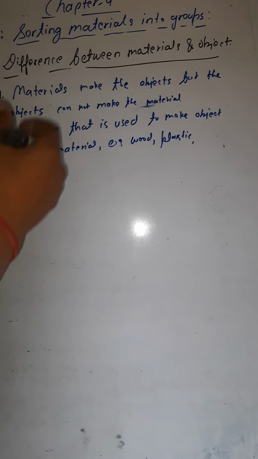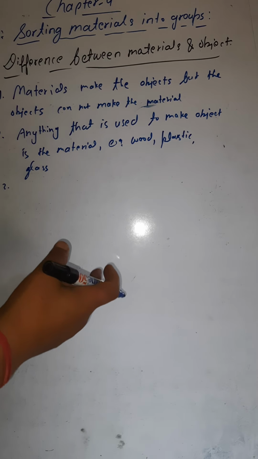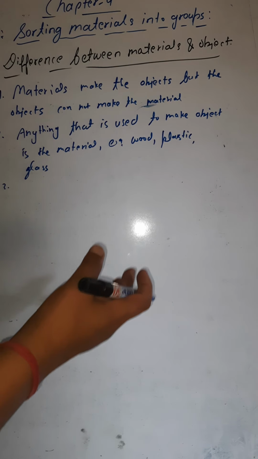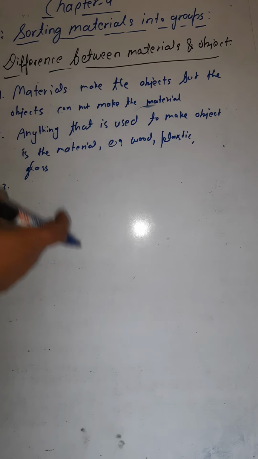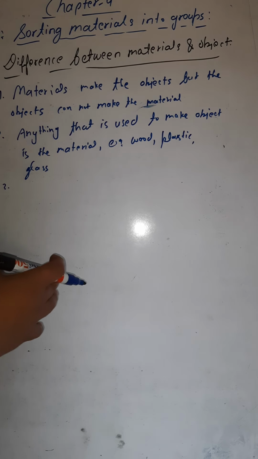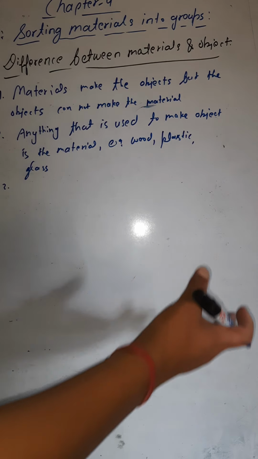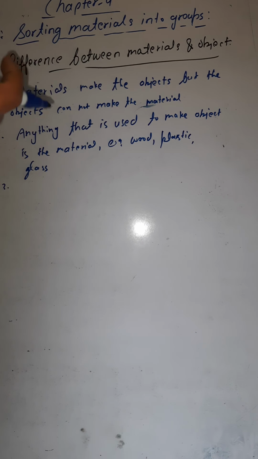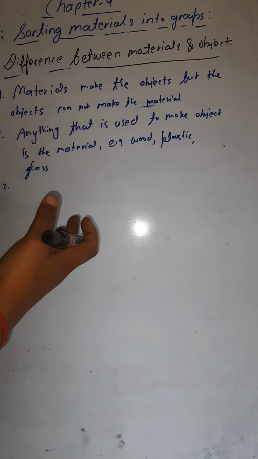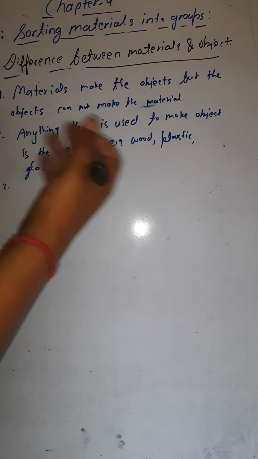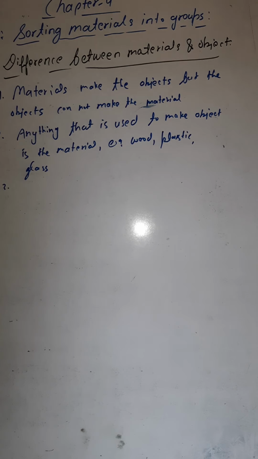Suppose I'm making a bed. This bed can be made out of material like wood, and its stands can be made out of iron, etc. So we can make an object out of one or two materials, or more than two materials also. It is also a possibility.